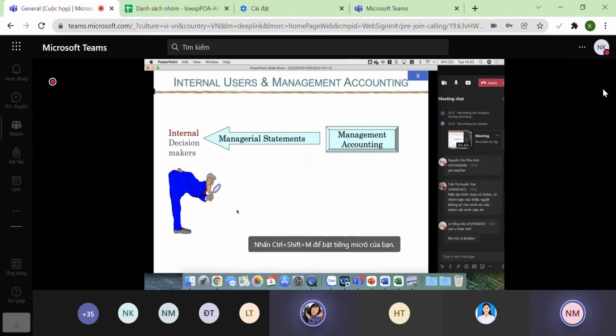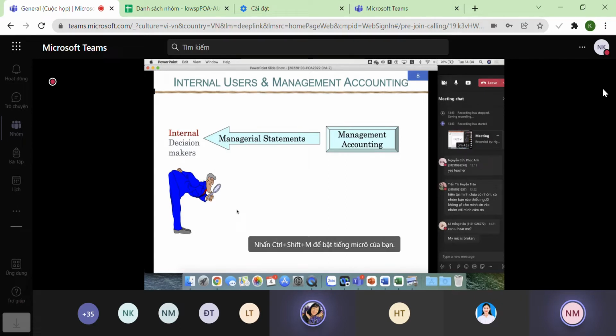For example, when I want to make a decision to sell or buy more inventory, and in the company there are many kinds of inventory, the sales manager asks the accounting system to provide each kind of inventory for me to make the decision.